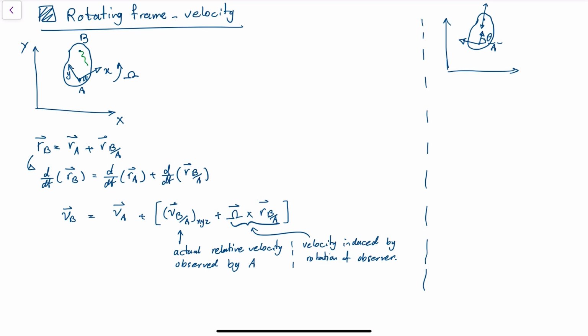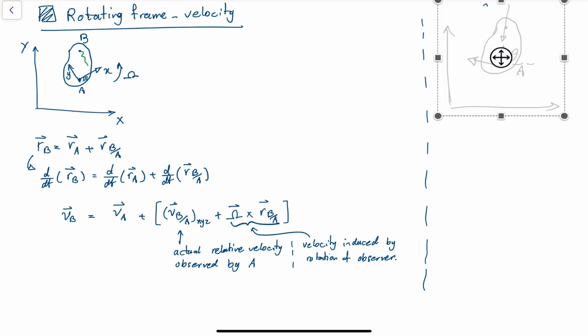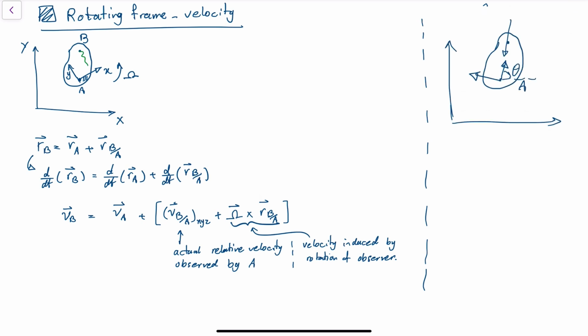Make this bigger. We used to call this U_r, and we used to call this U_theta.